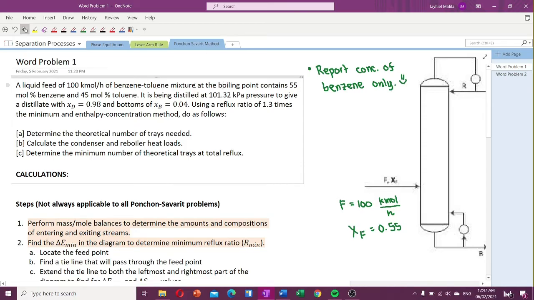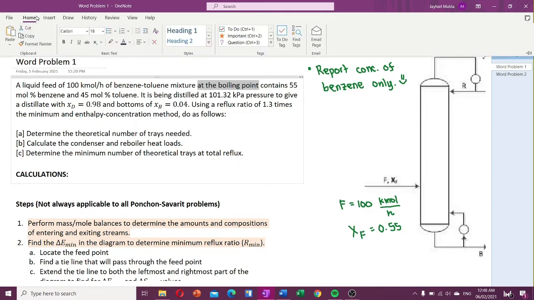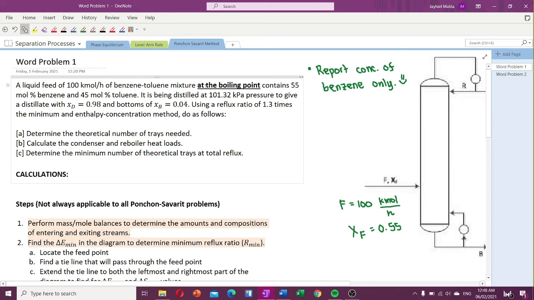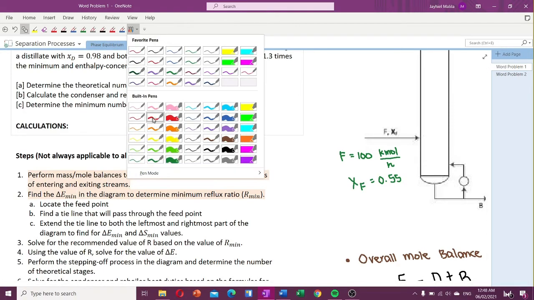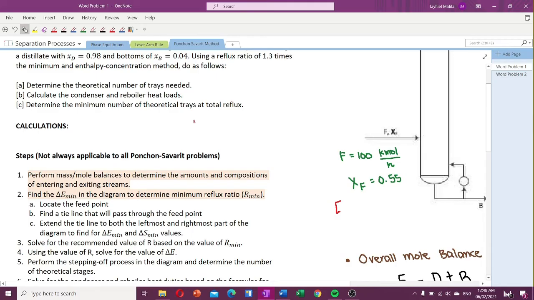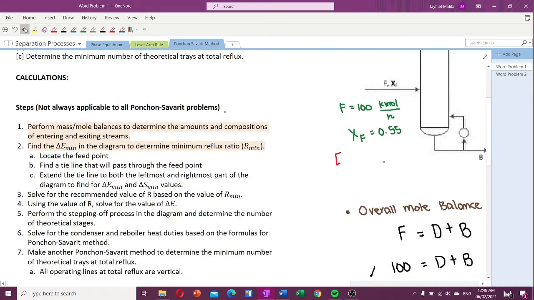At the boiling point, I need to emphasize this one. We need to know the concentration as well as the value of the enthalpy of the feed. But since it was stated in the problem that it is a liquid at boiling point, then the feed is a saturated liquid.